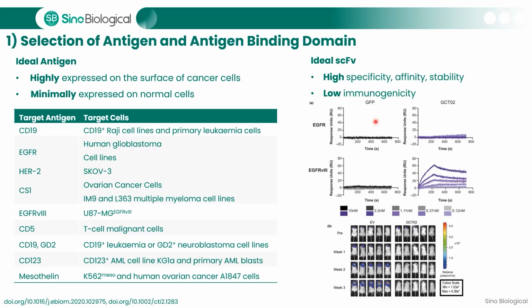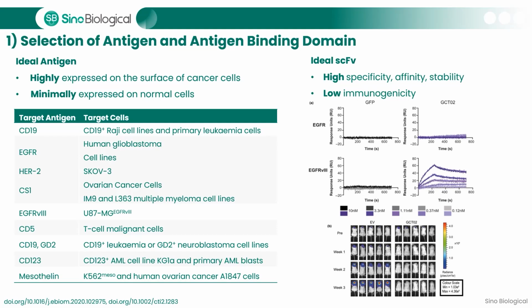Here is an example of the CAR-T development targeting EGFR variant 3. Researchers used SPR to determine the affinity between the scFv and their target, EGFR variant 3.